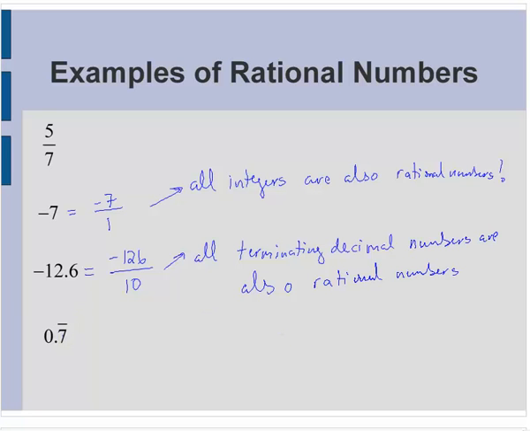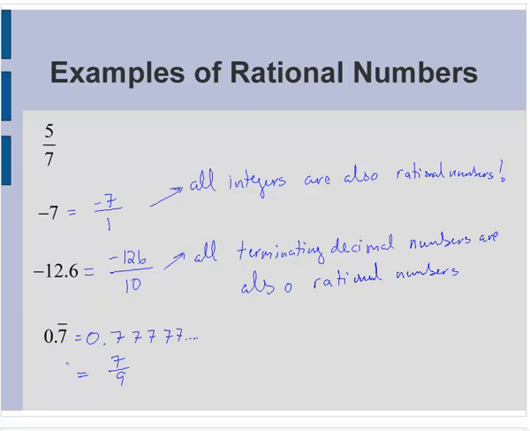And 0.7 with that bar over the 7. Hopefully you remember that this means 0 point and the 7 is repeated over and over and over. This one's a little trickier, but it can be shown, and you're not expected to know this, that this 0.7 repeating can be written in the form 7 over 9. If you have a calculator handy, you could try this out on your own.